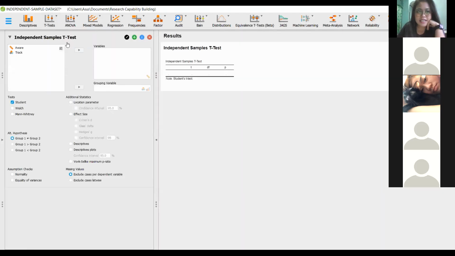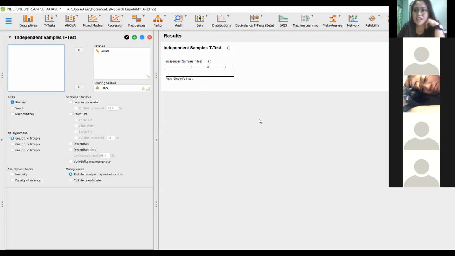The grouping variable is the independent variable, so male and female. The track or sex, move it to the grouping variable. The level of awareness is our dependent variable, so move it to variables.